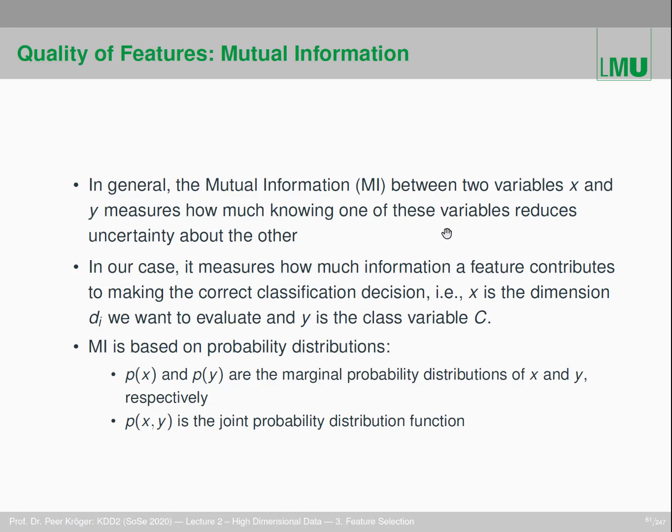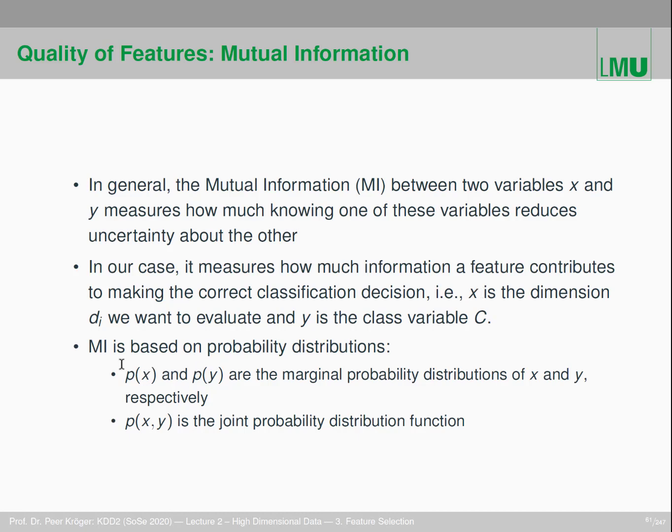So in our case, it measures how much the information of a feature contributes to making the correct classification decision. So x is the feature and y is the class label, and you now want to know, if you know something about x, how much does that contribute in knowing about y? So how much does that contribute in making the right decision actually?